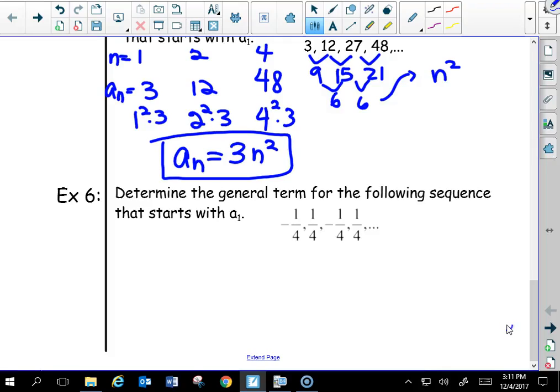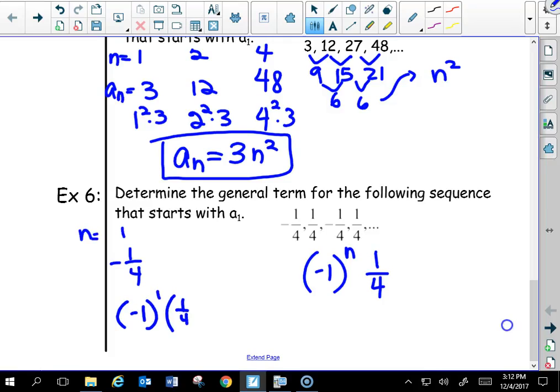I like example 6 because we just have 1/4 and it's changing from positive to negative to positive. So what that means is that we've got a -1 to the n power, or maybe n minus 1, and that's multiplying 1/4. So let's take a look at n equals 1, and we have a -1/4. If I go -1 to the 1 power times 1/4, that will definitely give me the -1/4.